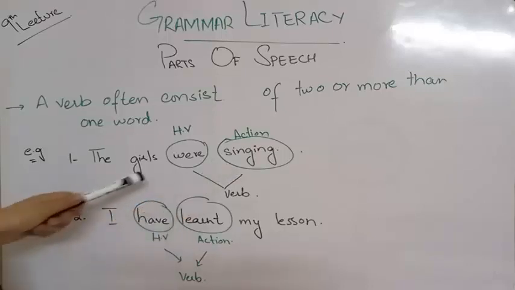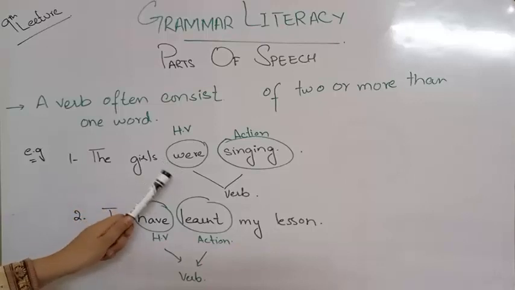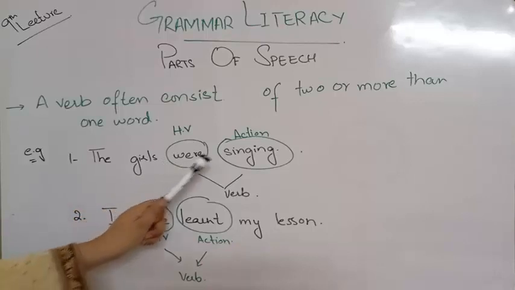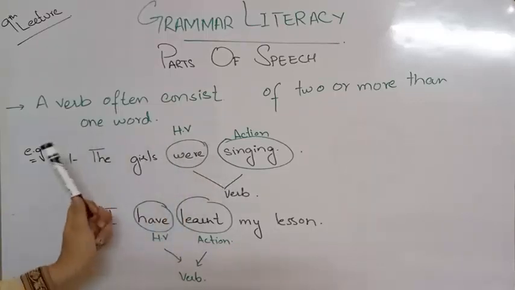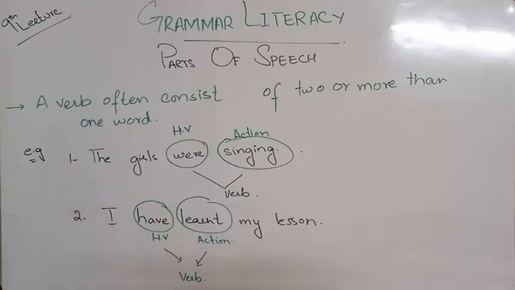Okay, now what is the helping verb? A helping verb is a word which helps the action suit the sentence. Helping verbs are very important to know where it comes and how it is going to fit in the sentence. It basically depends on the tenses.